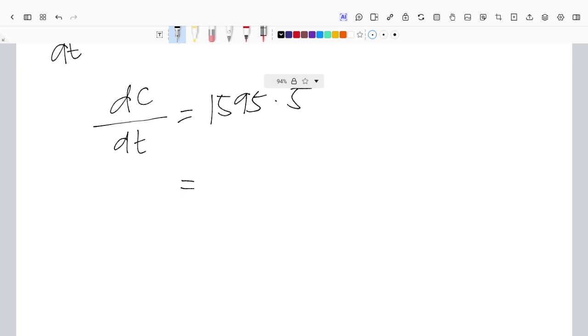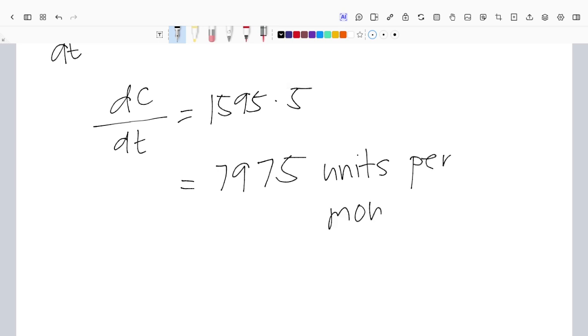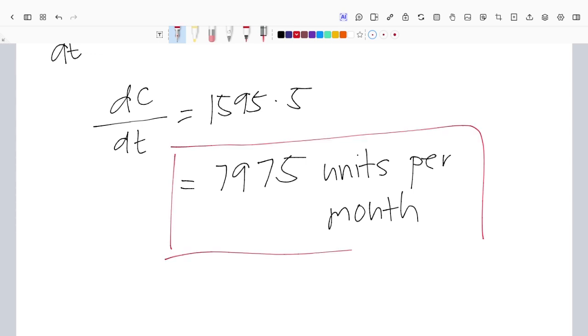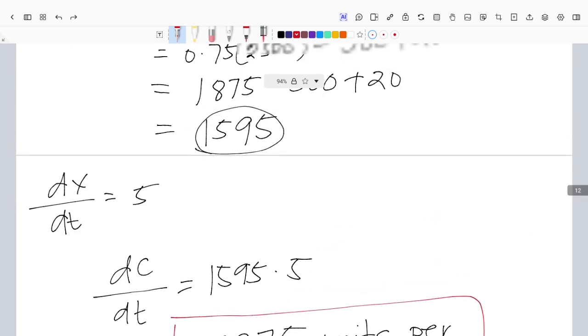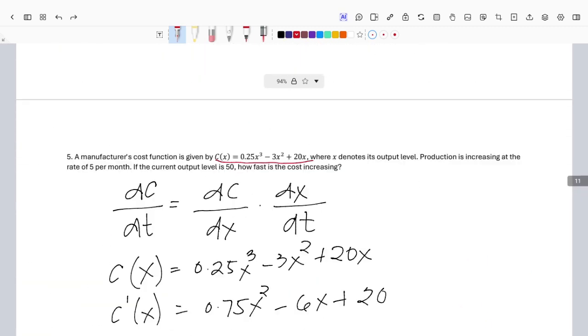And there we have 7,975 units per month. And that is our answer for problem number 5.